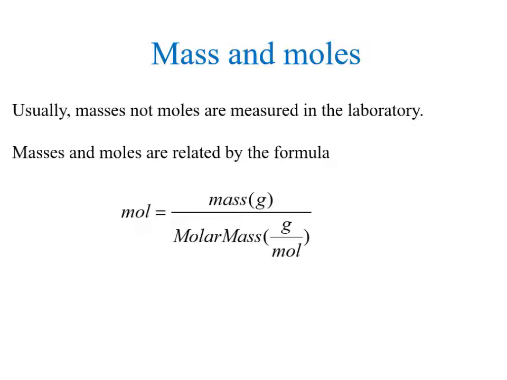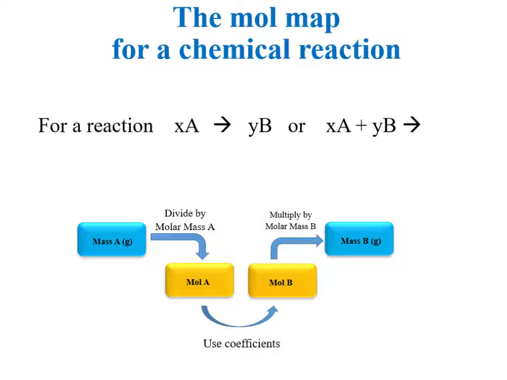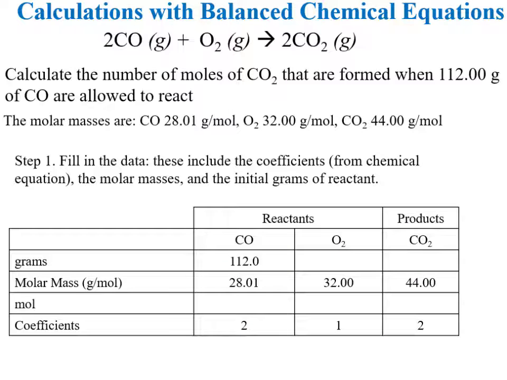The general idea is that while the stoichiometric coefficients do not provide a relationship between the masses, but only between the moles, we can convert masses into moles, then convert moles of one chemical into moles of another chemical by using the stoichiometric coefficients, and then convert back into masses.